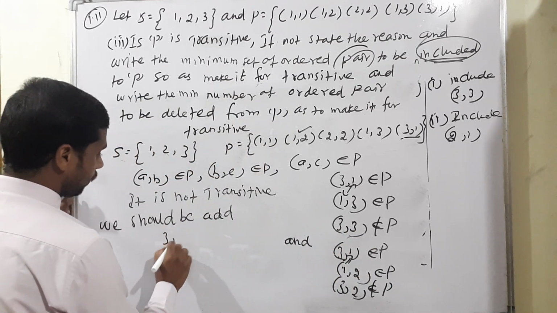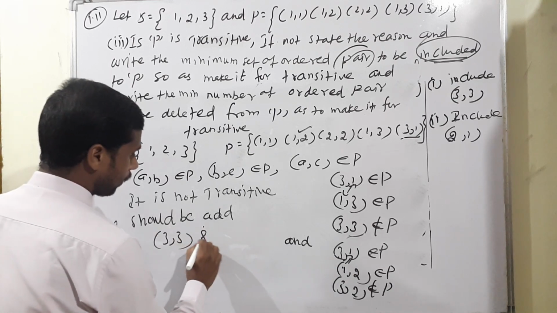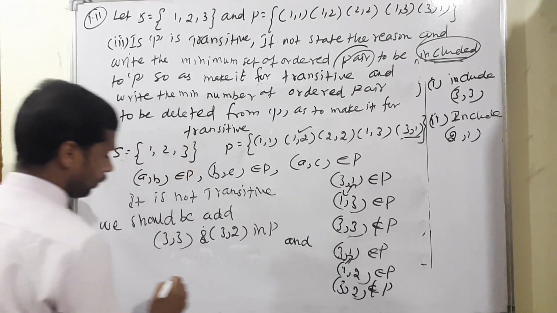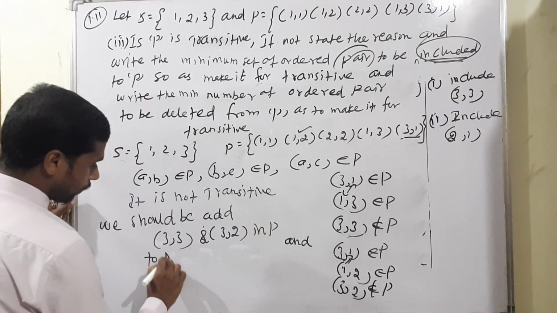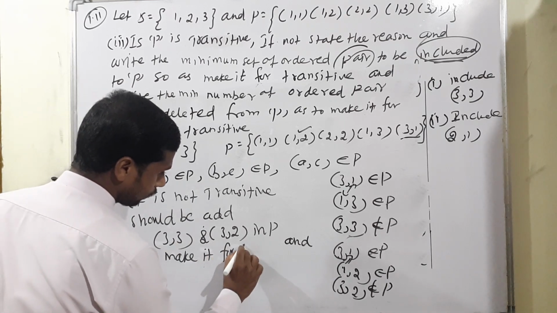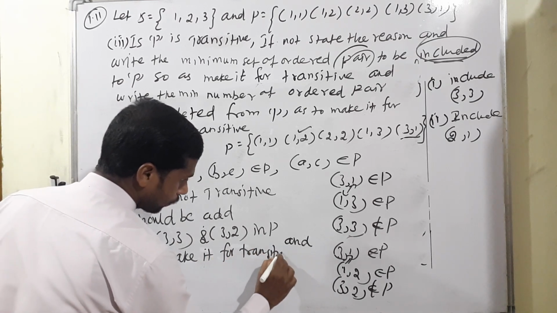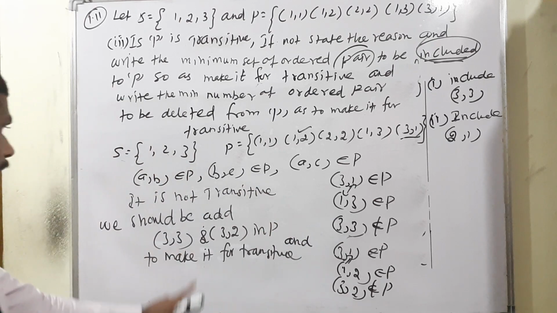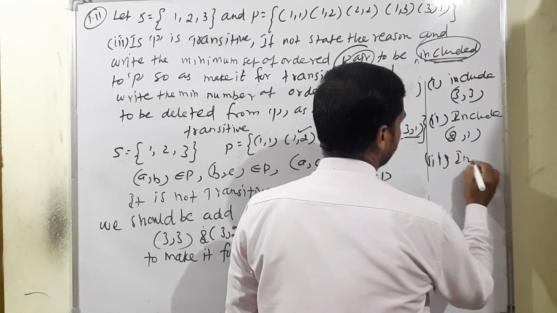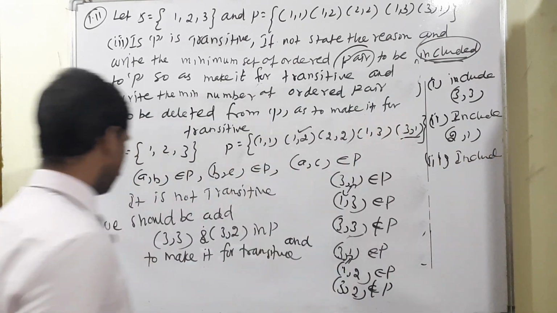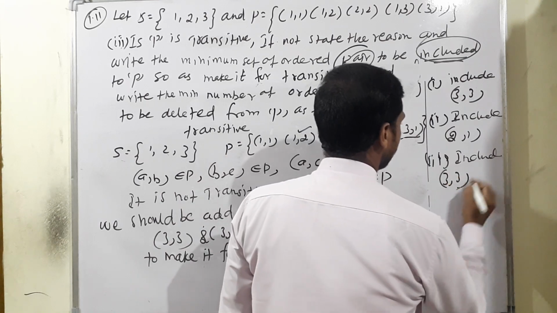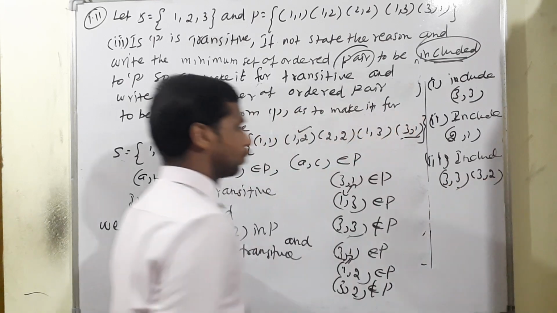We should add 3 comma 3 and 3 comma 2 in P to make it transitive. Now what are the included? I will write it here. Subdivision third, included: 3 comma 3 and 3 comma 2.